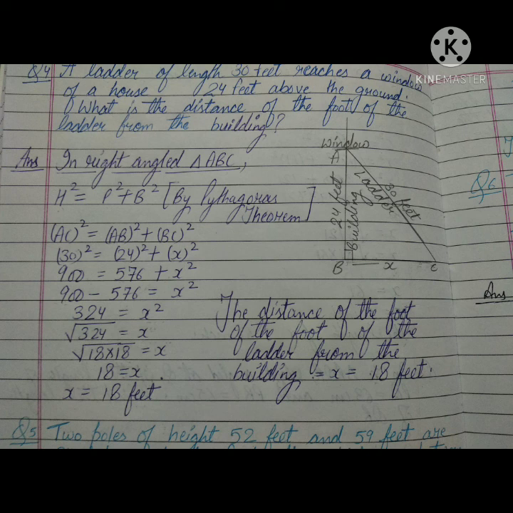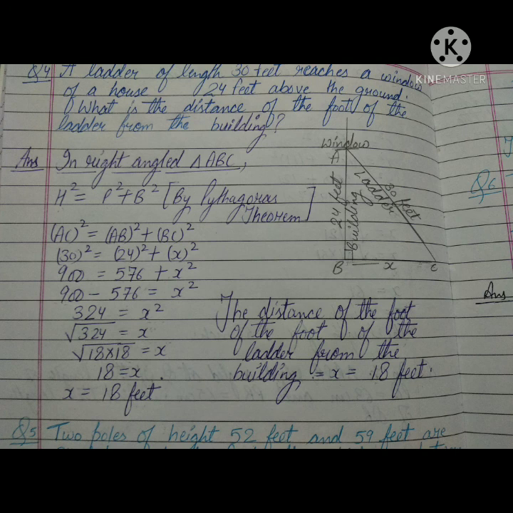You have to find out the distance of the foot of the ladder from the building. That distance at the foot is what you have to find, right. So we have assumed x in the diagram. It is clear to you, right?